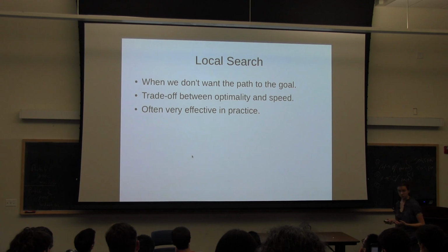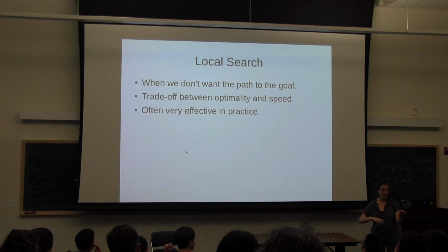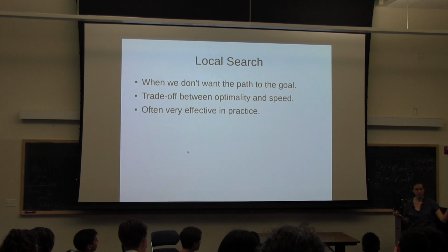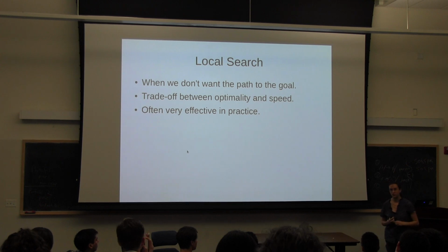Talk about local search. So when we don't want the paths, this is like NP problems. We don't really care how we get there. We just need some configuration that's good. This was also like our simulated annealing. We could save the history of jumps, but we don't really care about that history. We can just kind of throw darts and check out how good those darts are.